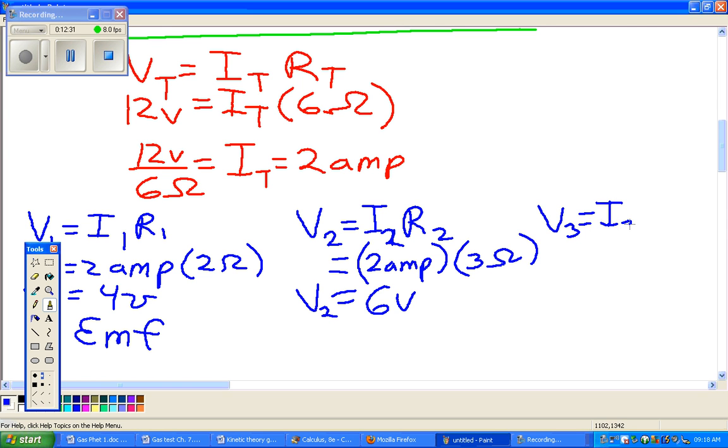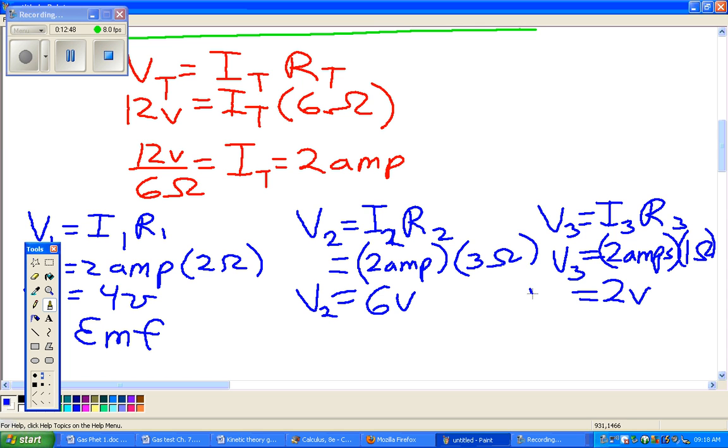Same thing in circuit 3. What do you folks notice happens if I add up the voltages? They're total.